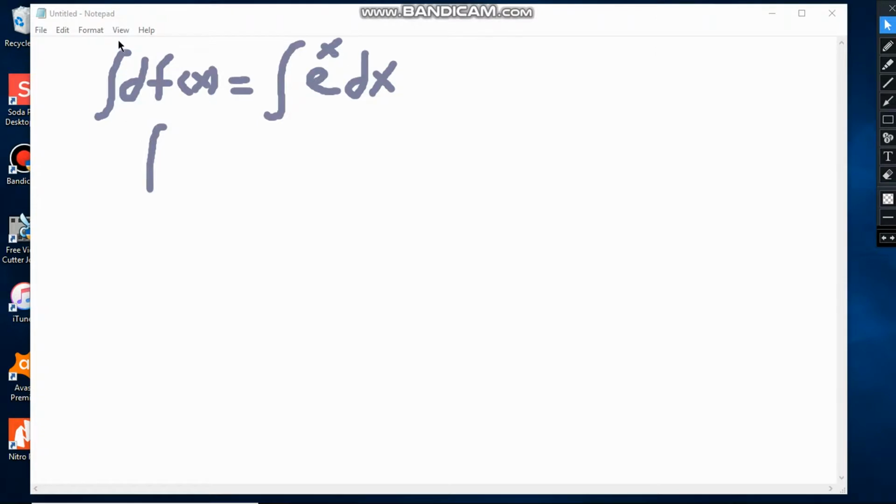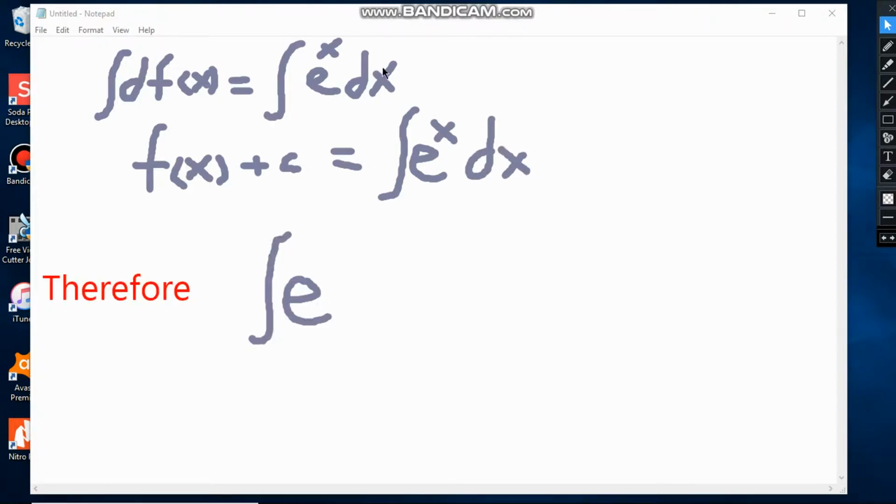But the integral of df of x, the integral and the derivative cancel, remains with f of x is equal to integral of e raised to x dx.